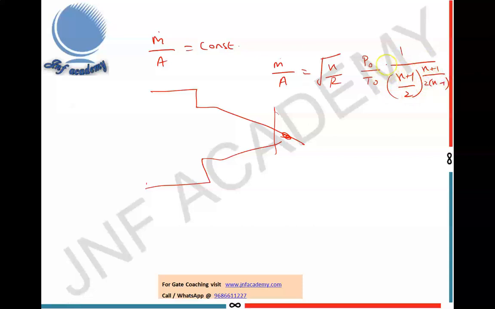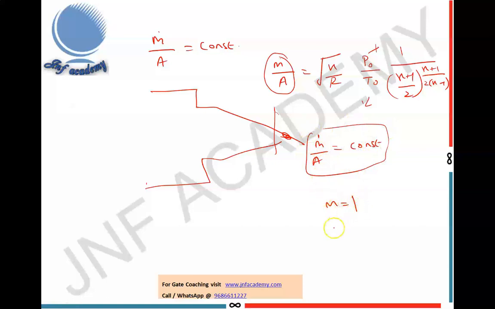In this entire equation, this value will get affected only if you change your P naught and T naught. Otherwise, your m dot by A will be constant. This m dot by A will become constant only when your Mach number at the exit of the convergent nozzle is equal to 1, which is nothing but your exit pressure being equal to your critical pressure.